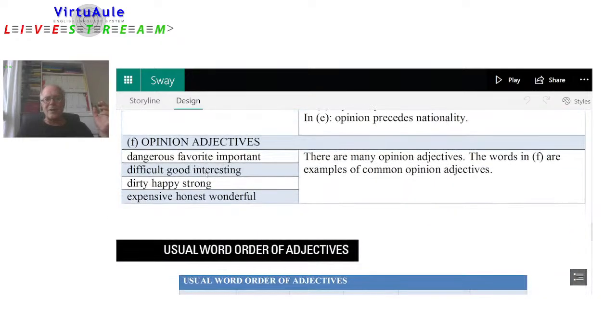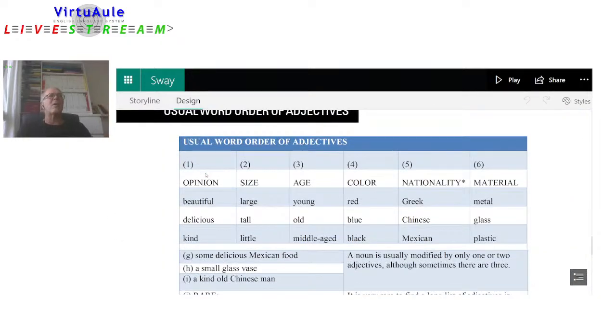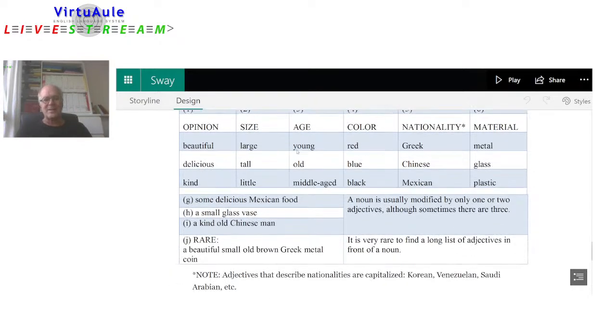A large red car, a small red car, a small blue car, a small blue toy, and you can just modify the adjective and it sounds like it's in the right place. Okay, let's look at some examples.